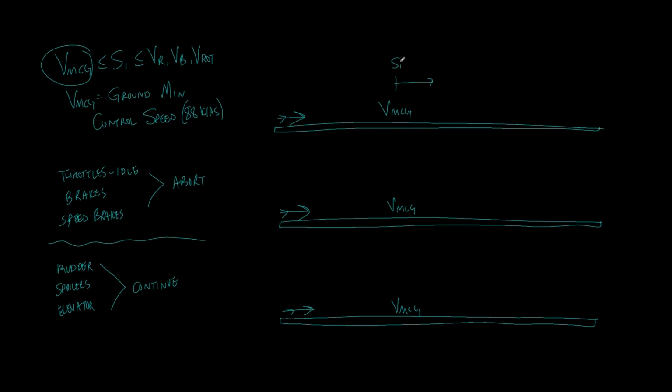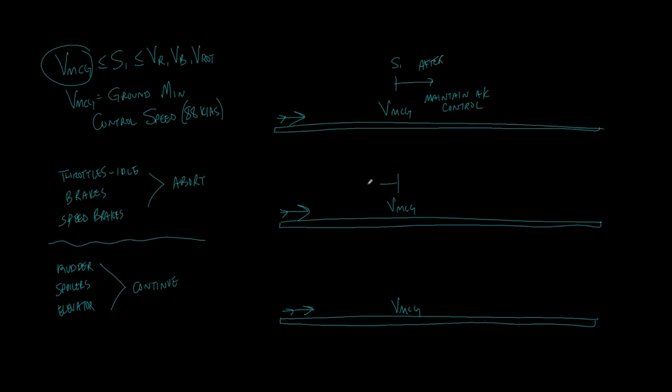I'll be able to maintain runway centerline, keep the aircraft safely on the runway, and continue to my rotation speed. So if any malfunction were to happen after VMCG, and I've chosen VMCG as my go, no-go decision point, I should be able to maintain control of my aircraft on the runway surface.